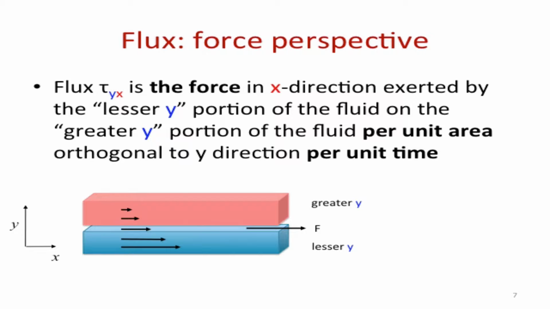So it can work in any coordinate system. I'm just looking at the lesser coordinate versus the larger coordinate. Per unit area, so basically I divided this force per unit area. And since I'm going to have velocities, there is actually unit time there, but the units are force per unit area. But there's a time transfer in there because it's velocities that I'm transferring.